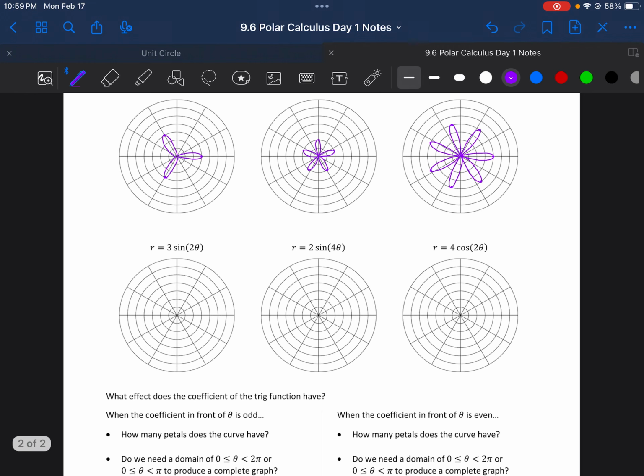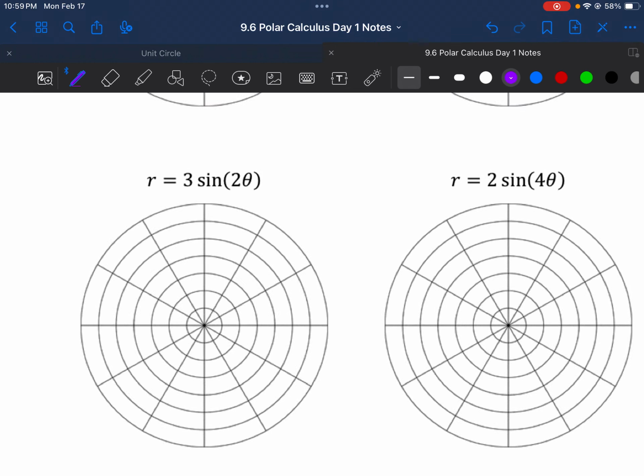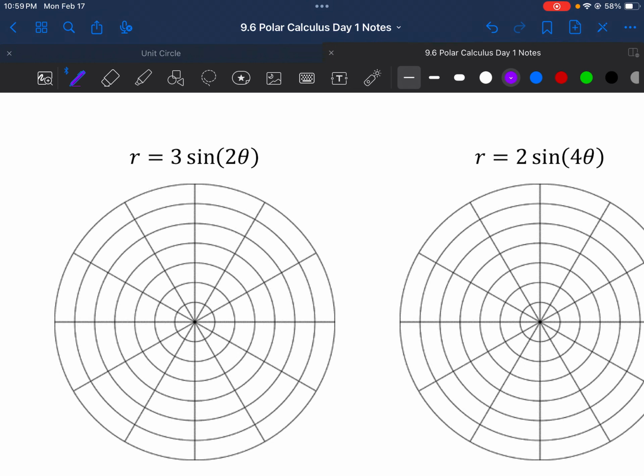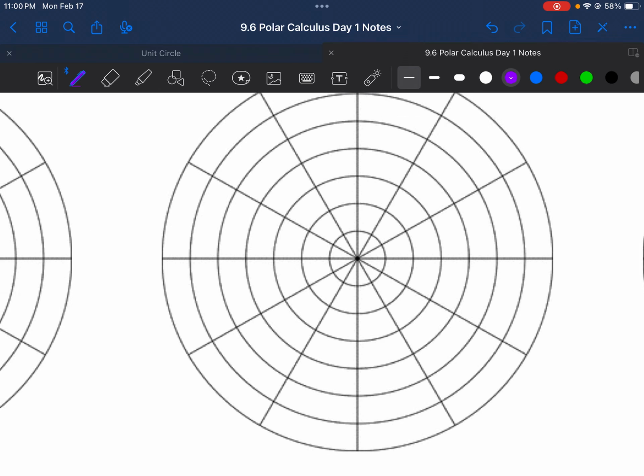All right. 3 sine of 2 theta. You get a little bit more interesting here. All right, 2 sine of 4 theta.